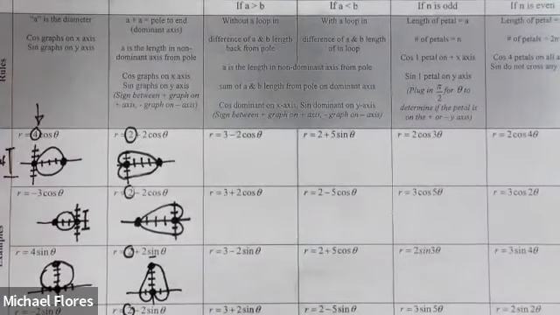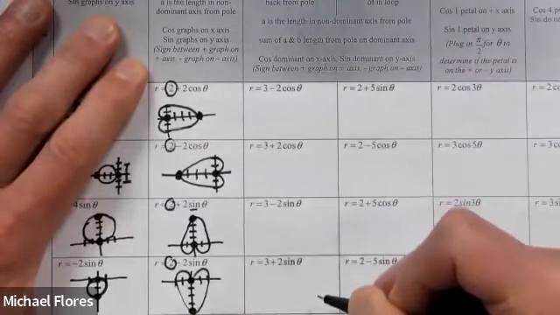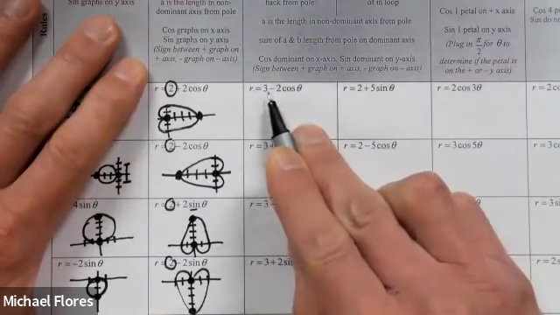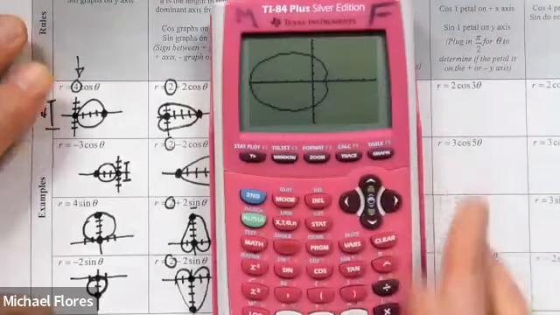Now, probably the most important pattern that you want to look for, once you've determined that your A and B are different, is which value is bigger than the other. For this column here, the one that we're going to graph first, your A value is greater than the B value. When that is the case, here's what your limacon is going to look like.